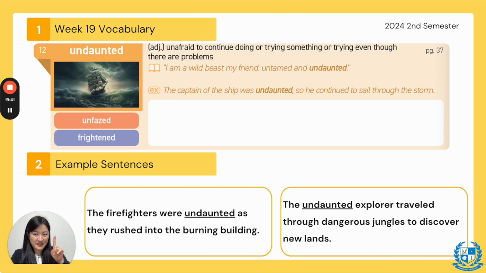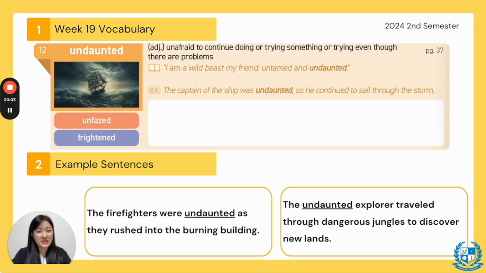Example, 1, 2, 3. The captain of the ship was undaunted, so he continued to sail through the storm. So he wasn't scared, and even though there was a storm there, he said, I'm going to keep going. Here, it says the firefighters were undaunted as they rushed into the burning building.